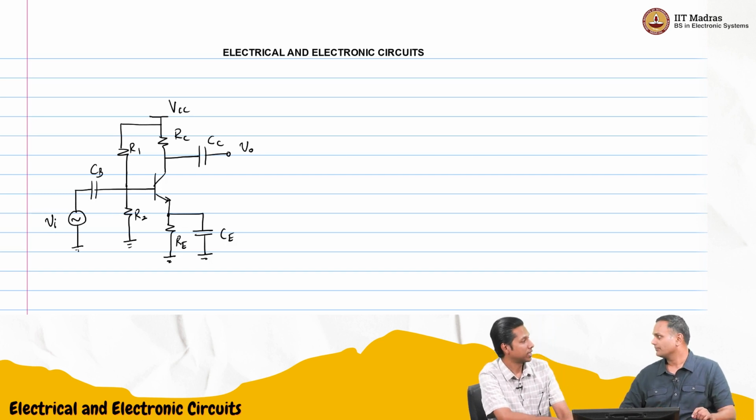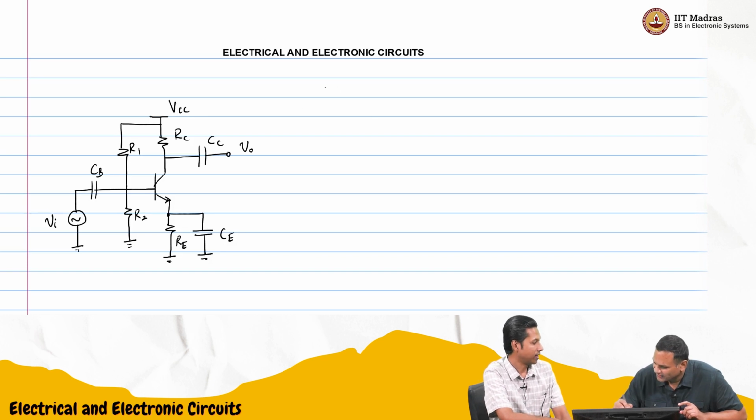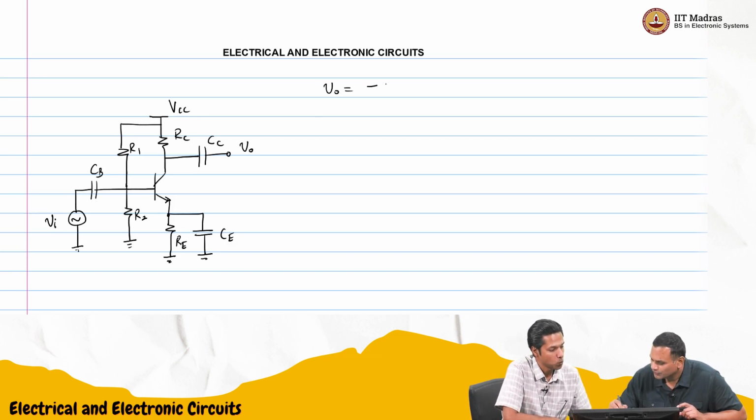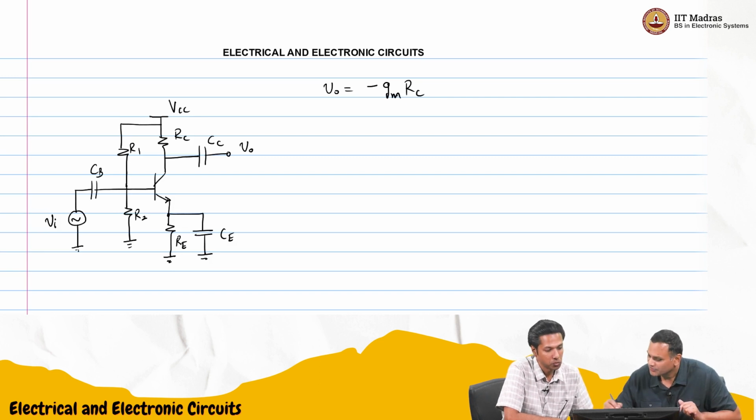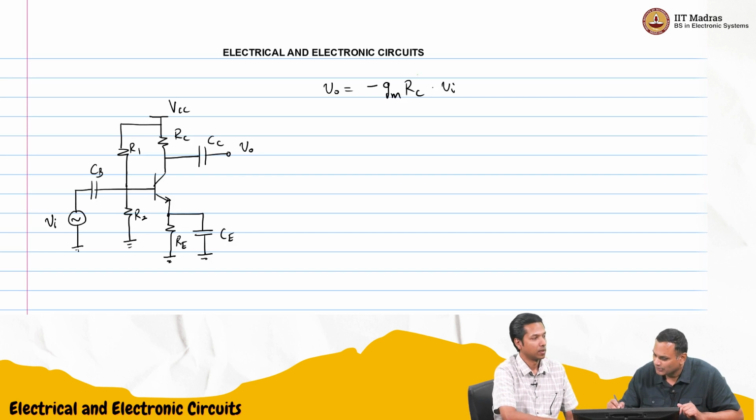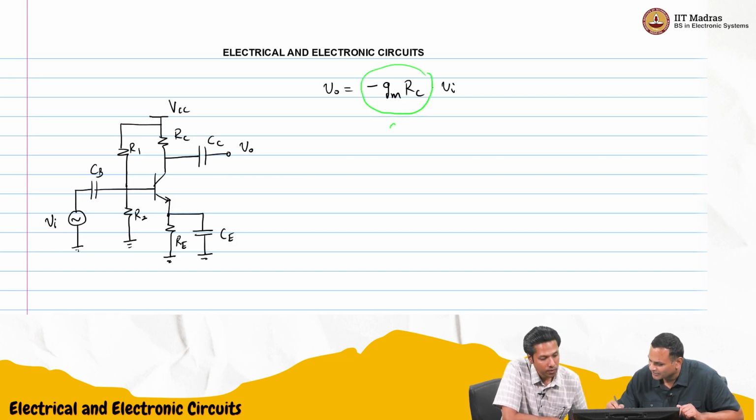And the output signal was GM times the output RC signal. So small VO and small VI are the signals; we have removed all DC components. VO was minus GM RC times VI, and this was our gain of the amplifier.